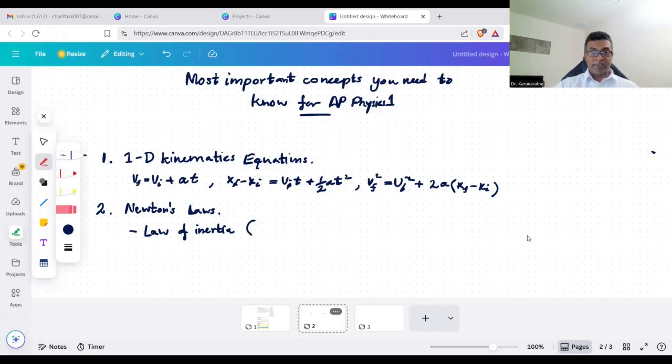In other words, this happens when the sum of the total forces is equal to 0. When the sum of forces equals 0, either the object is at rest or the object moves with a constant velocity.